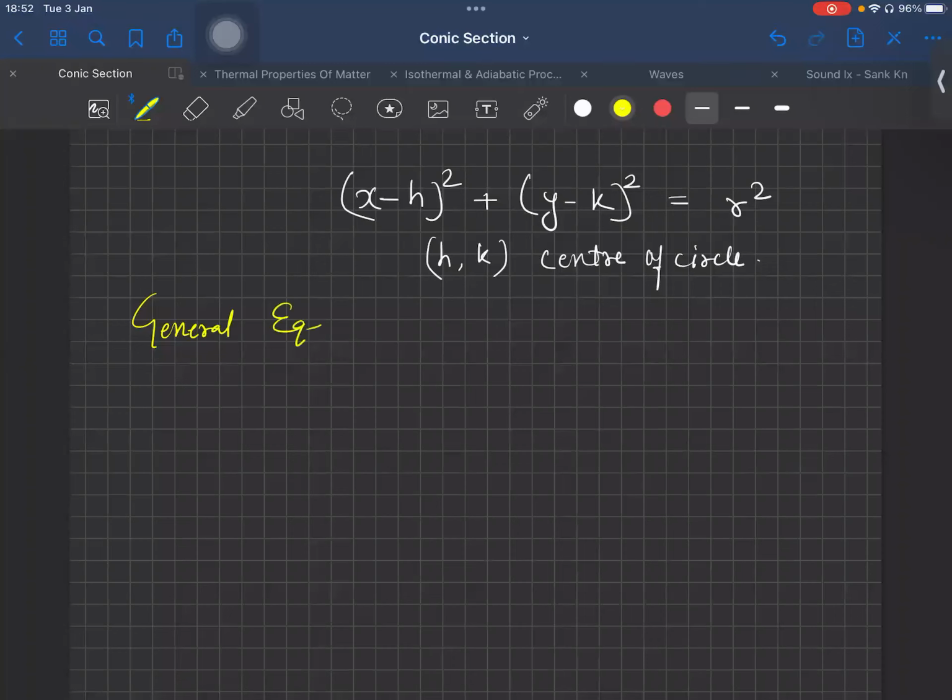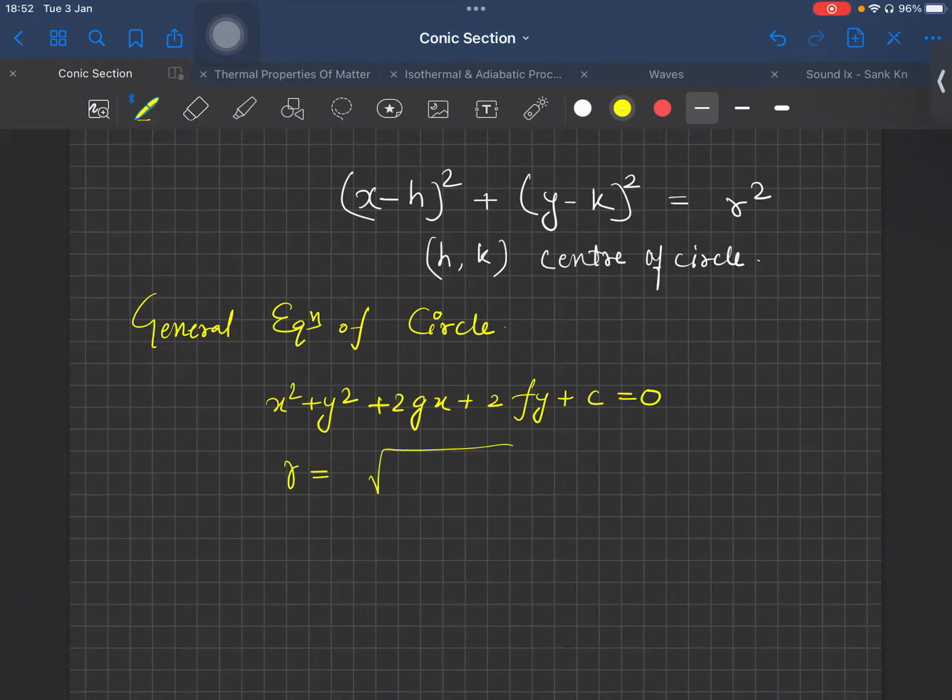General equation of circle: x square plus y square plus 2gx plus 2fy plus c is equal to 0. This is the general equation of circle. The radius r is square root of g square plus f square minus c, and the center is minus g, minus f. So this is the general equation of circle.